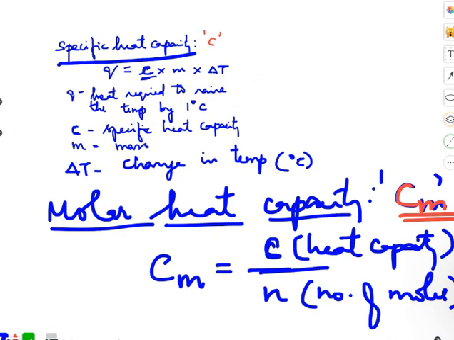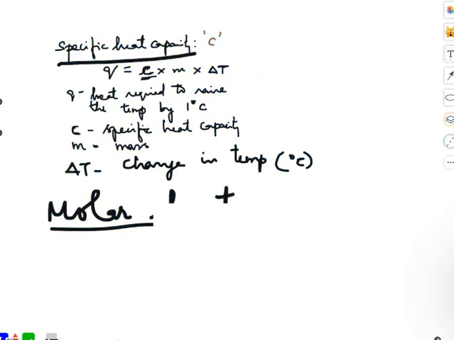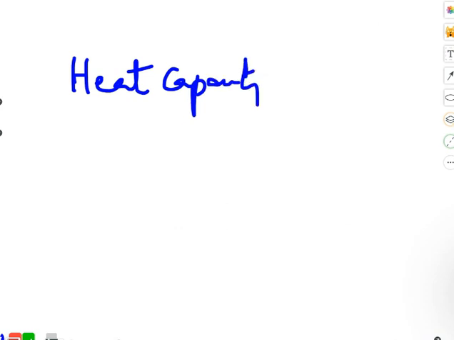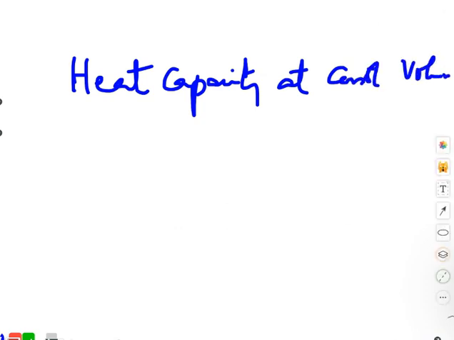Now, two more heat capacities. Heat capacity at constant volume, Cv, sir.